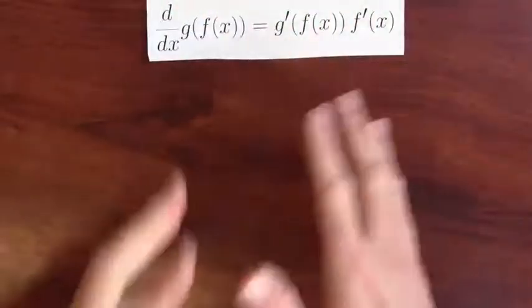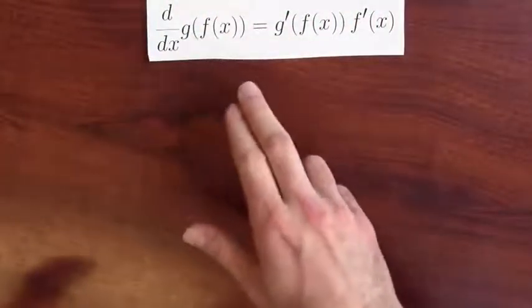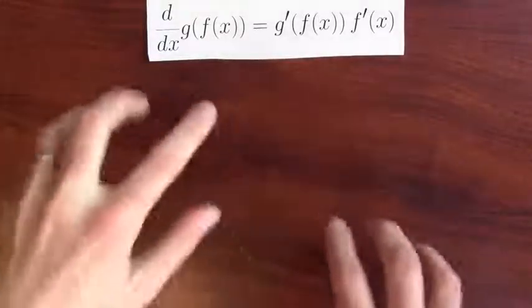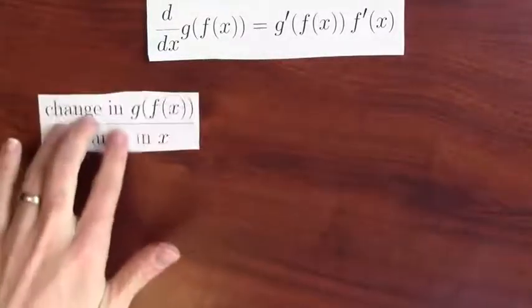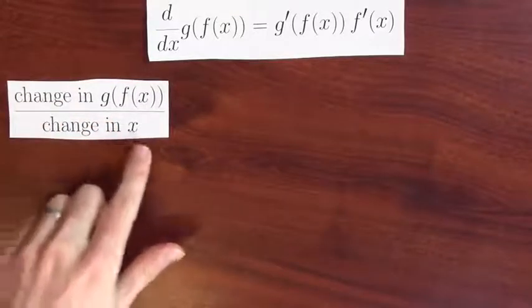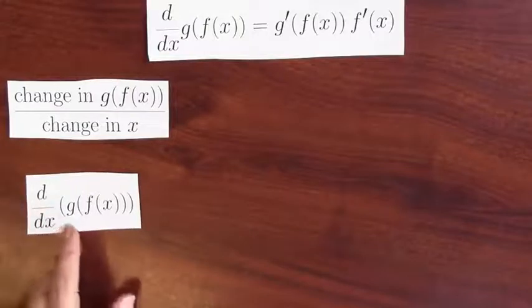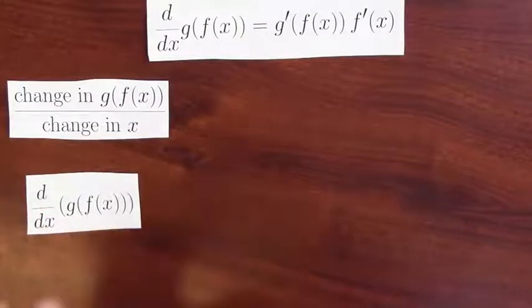But the chain rule really is capturing what happens when you chain together these changes. So let's think about this chain rule, the derivative of g of f of x as g prime of f of x times f prime of x, in terms of chaining together different changes. What I'm trying to calculate is how changing x changes g of f of x. This is the derivative of the composition. What do I know?